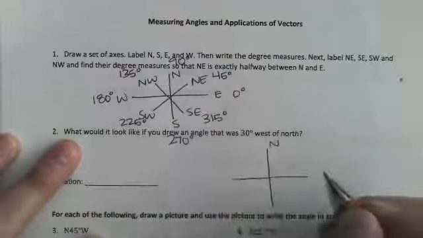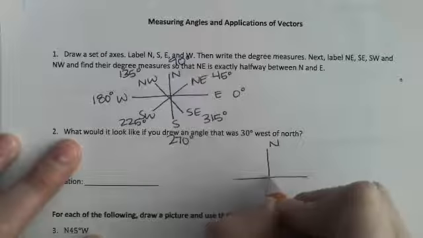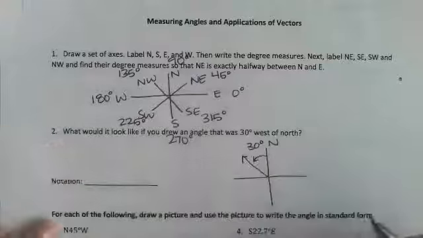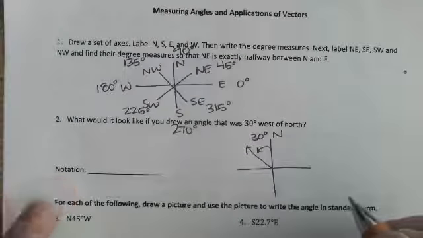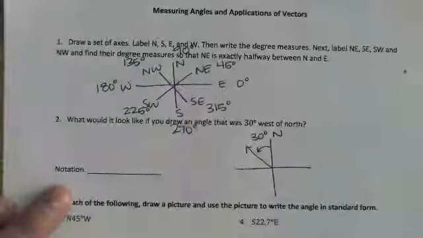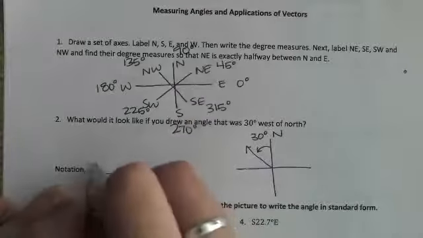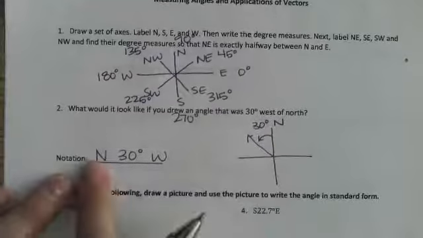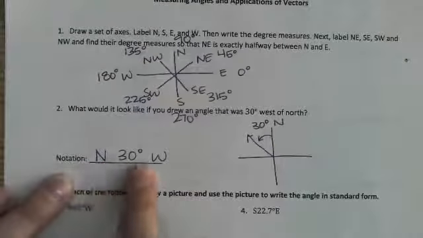So you would start north. You would go towards the west 30 degrees, so this is 30 degrees west of north, and then if we were to write that, we would write that as north 30 degrees west.